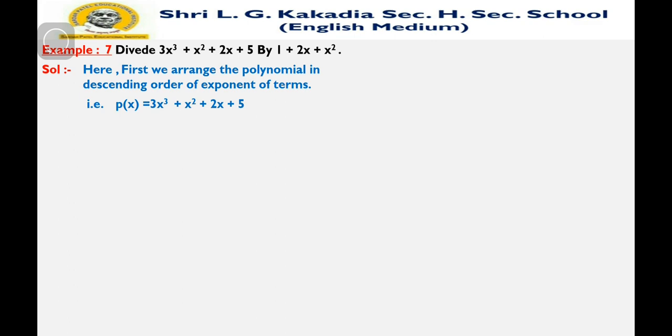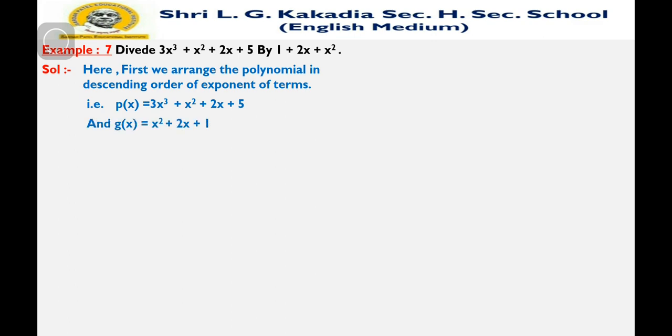It is already given in descending order of exponent of terms, so we keep it as it is. Now about g of x, you can see here, the given g of x is in ascending order, so we first put it in descending order of exponent of terms.